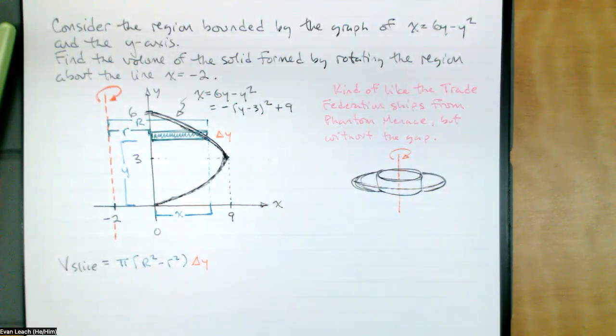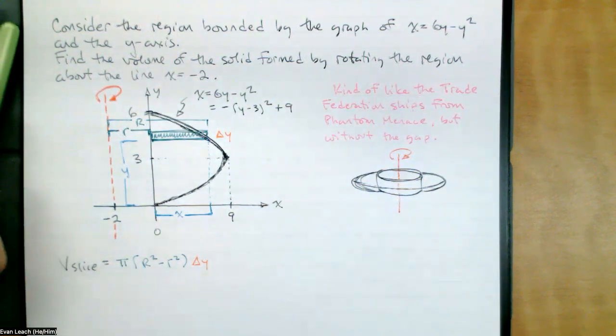Once we've drawn our region, we make a decision about how we're going to slice, and then we write down the formula for the volume of the slice that we know we're going to be using. Then we draw a representative slice inside the region, identify x and y, the variables that are going to be in play, and then we identify the dimensions that are specified in our volume of the slice.